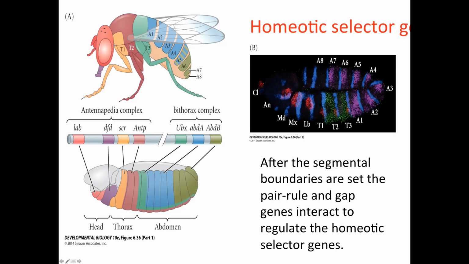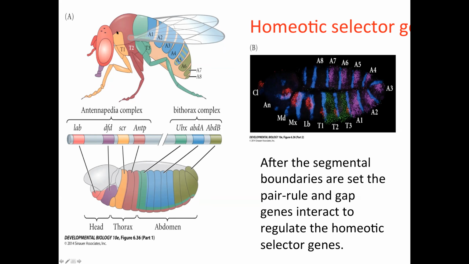Now, what the pair rule genes, gap genes, and the segment polarity genes together are going to do, in each of these domains, is result in the expression of the homeotic genes.